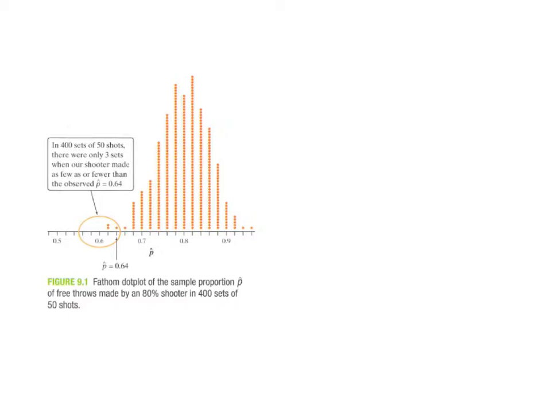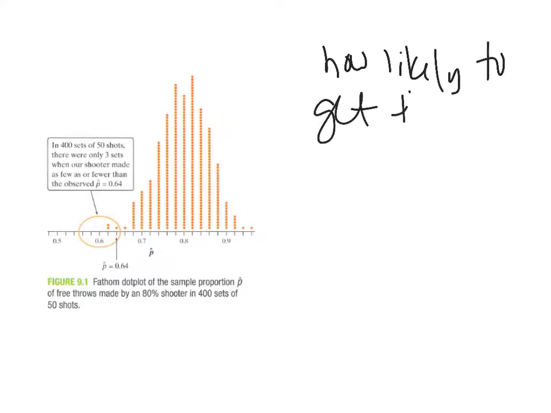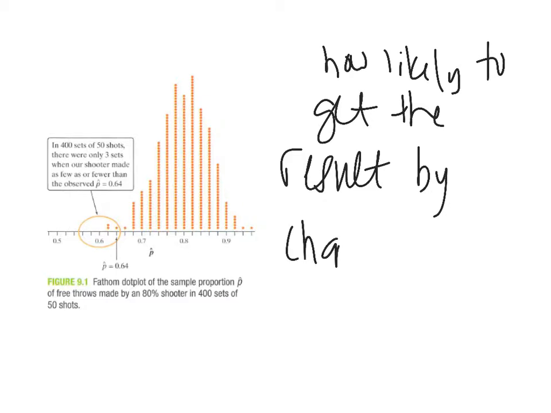So the result is the sample, and we want to know how likely we are to get that particular result by chance, given that the null hypothesis is true.